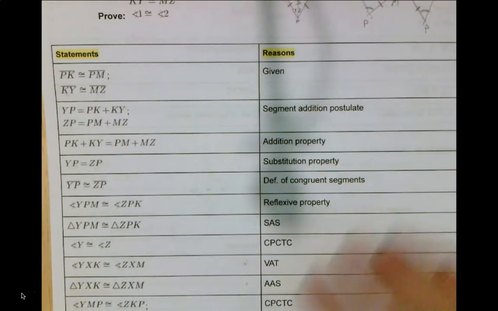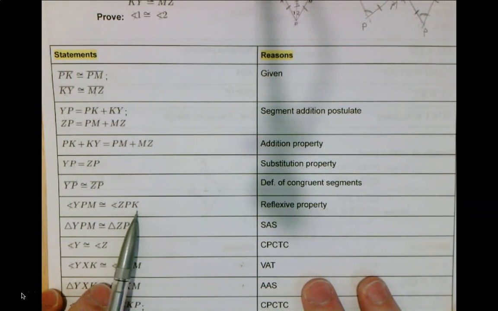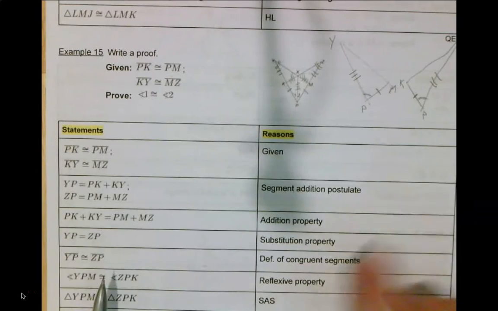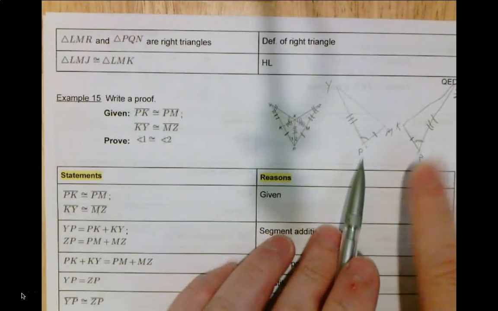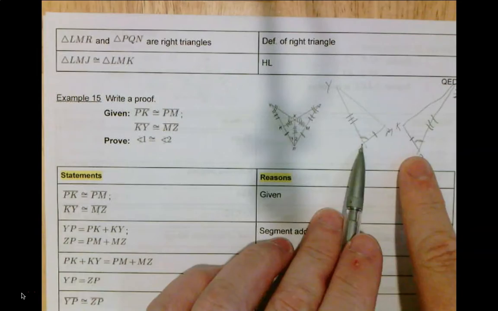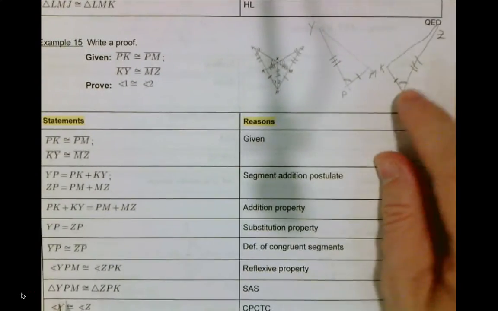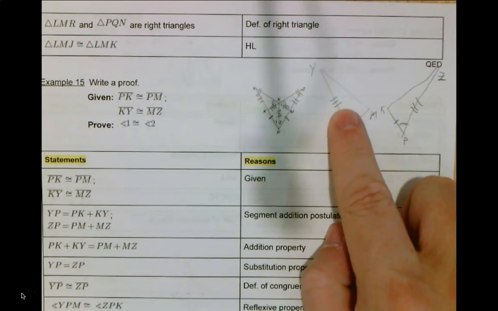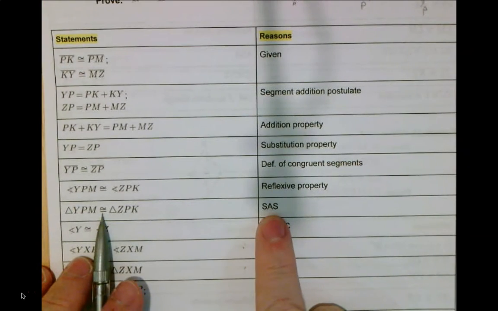All right. Angle YPM is congruent to angle ZPK, reflexive property. That was the common angles that we had separated and redrew over here. That's the reflexive property, giving us these two triangles congruent by side, angle, side.